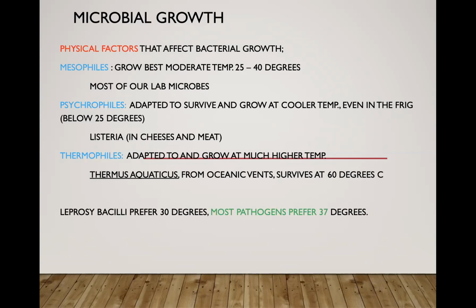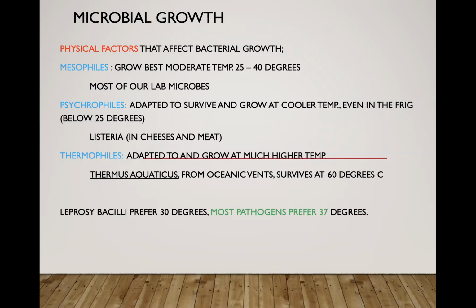They have adapted such that they can survive in very cold temperatures, keeping in mind that most organisms don't prefer to be there. Most microorganisms, at least the ones that we study and come in contact with in the lab and for the purposes of human diseases, are going to fall in that mesophile range. So do make a note of that.